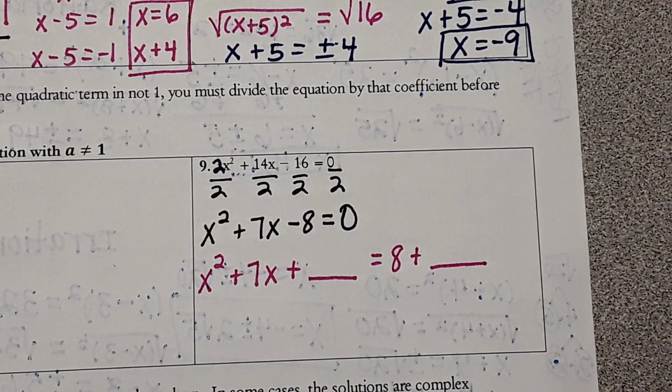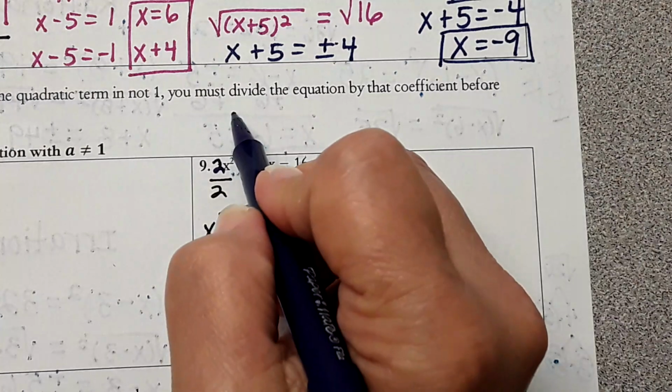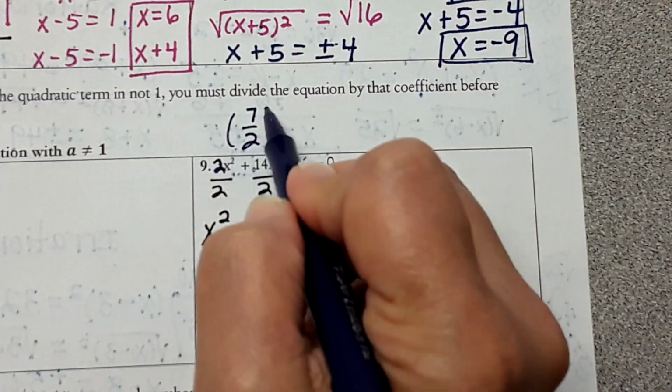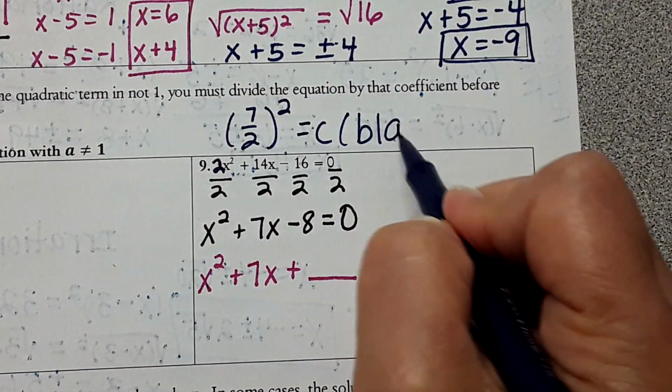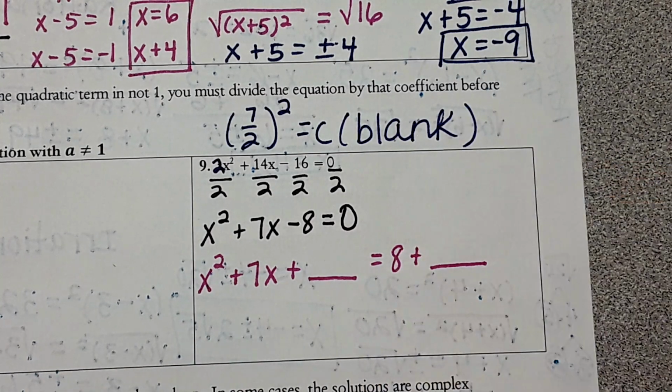So this is where you're going to start thinking about whether you want to use completing the square. 7, can you take half of 7? Half of 7 squared. Does that come out to be beautiful? And what I mean is, does it come out to be a whole number?